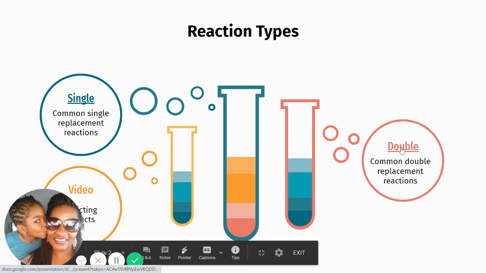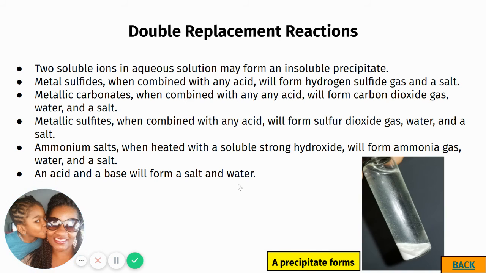If we go back, let's look at double. So double replacement reactions, you have two soluble ions in solution that may form an insoluble precipitate. We're getting ready to look at those where we're looking at something called the solubility rules, and it lets us know if these two ions come together to form a compound, they will either be soluble, where it will form an aqueous solution, or insoluble, where it forms a precipitate or a solid.